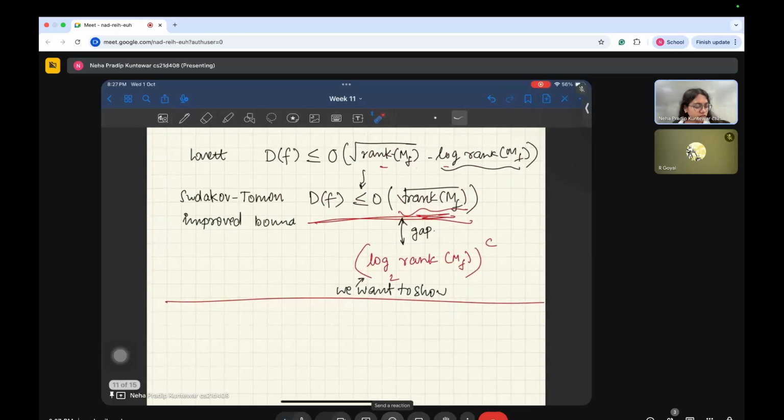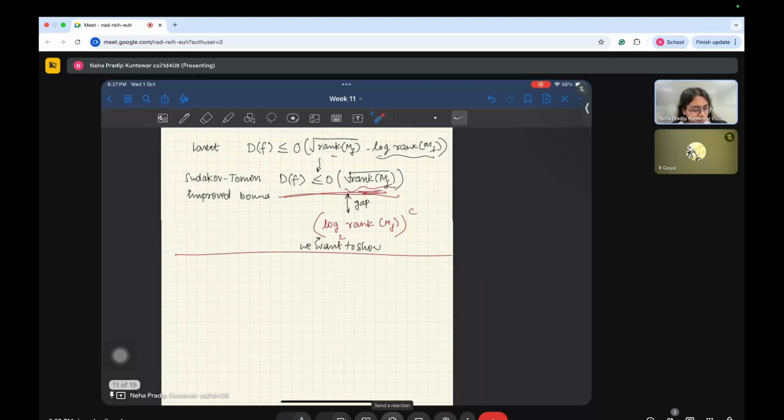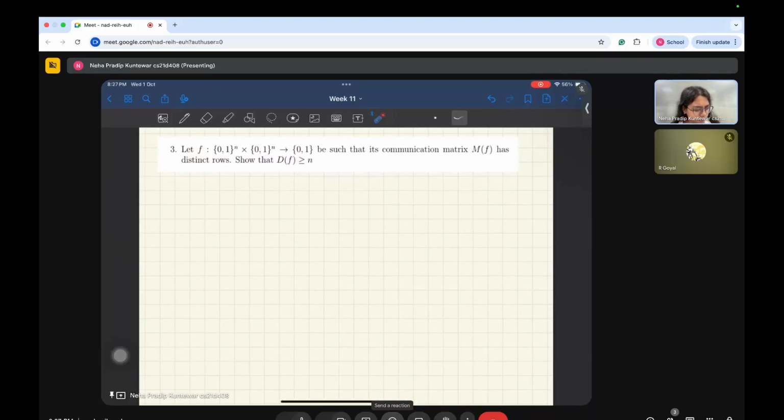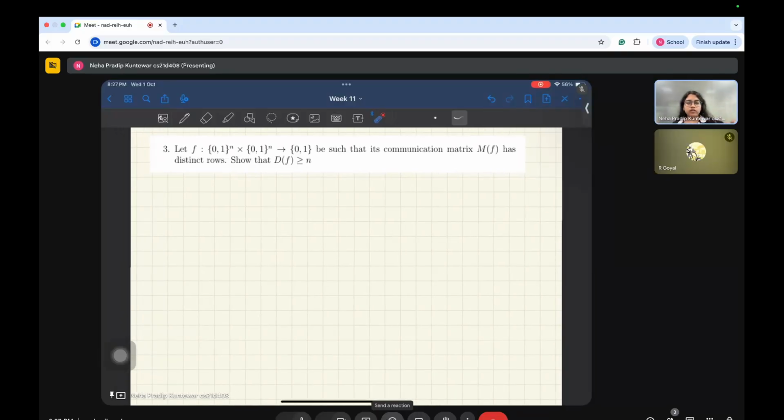Okay, so in this case, the function is given such that its communication matrix M_F has distinct rows.